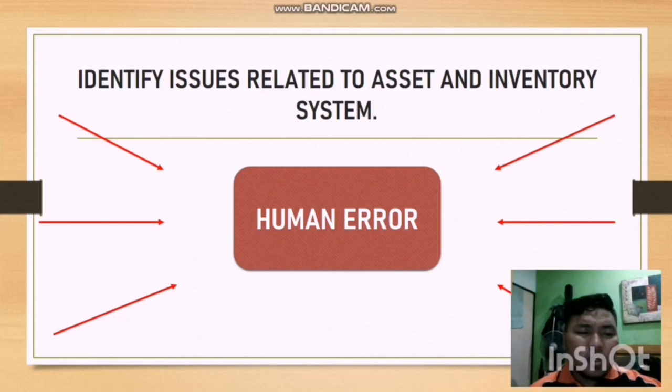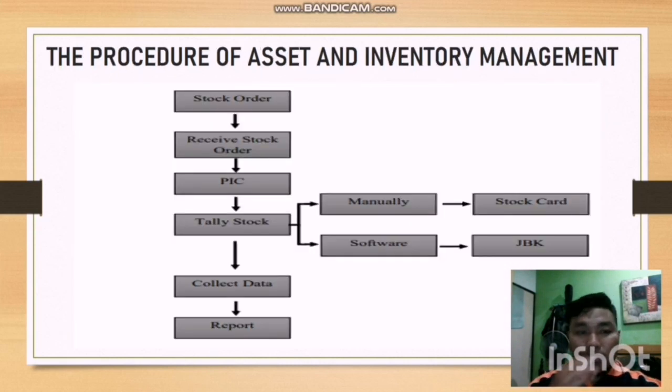However, it is crucial to emphasize that human error is a natural and anticipated element of human behavior, and efforts should be taken to reduce its incidence by strengthening systems and processes, and providing individuals with adequate training and resources. Alright, we go to the next slide.